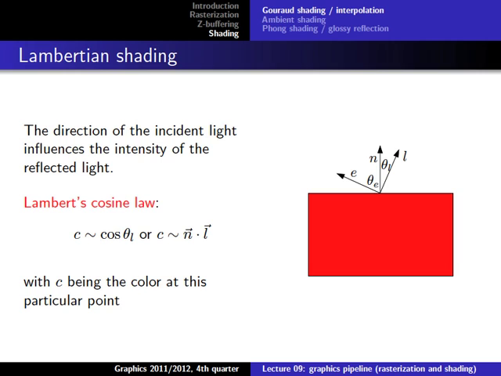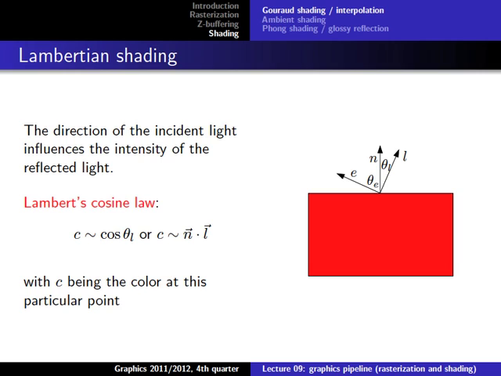The Lambertian shading is the shading where we look at diffuse lighting, where we have a matte surface and the light is reflected in a similar way everywhere, which means that the light depends mostly on the direction of the light, but not on the distance, for example, of the light. The direction influences it, and this is specified in the so-called Lambert's cosine law, which says that the color that we see at a point depends on the angle at which the light hits that particular point.